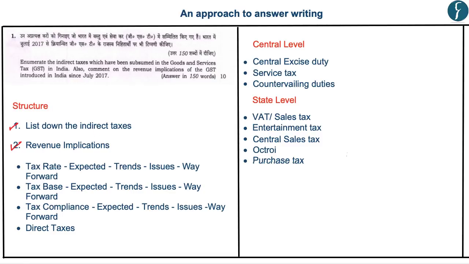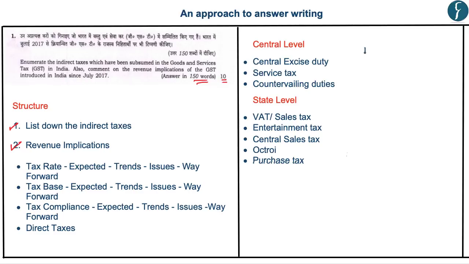Now, since the question is asked for 10 marks and is also fairly straightforward, it is advisable to avoid writing introductions and conclusions due to the word limit. Therefore, one may start listing down the indirect taxes and analyzing the revenue implications of GST since its introduction.